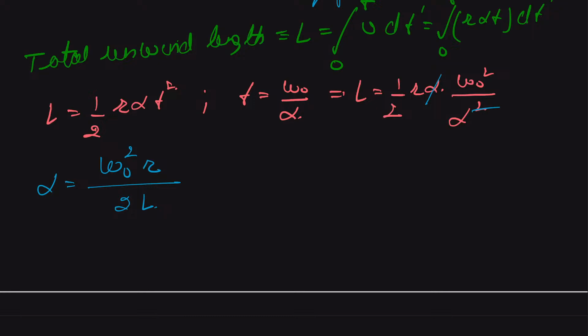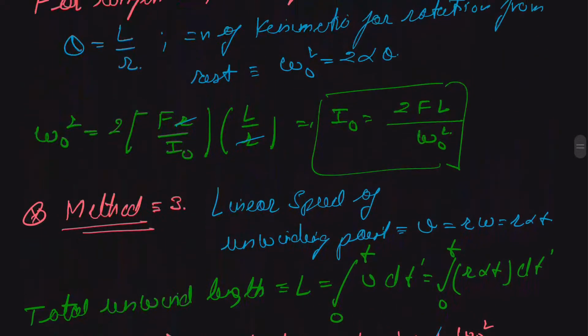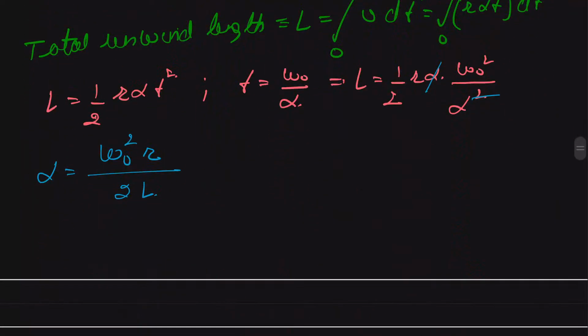We have also calculated alpha from our previous expression. So we also know that alpha is equal to Fr upon I naught.